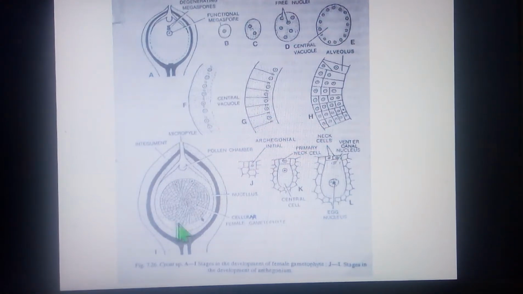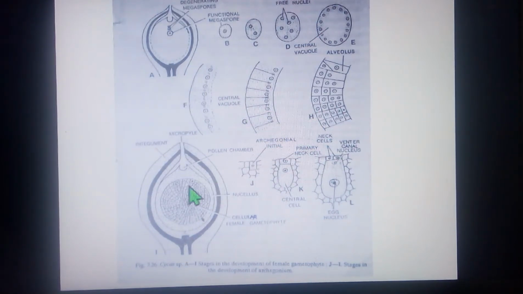You can see here in figure I, due to the formation of the cell wall which extends from the periphery towards the center, the megaspore vacuole is now filled up by a cellular tissue.